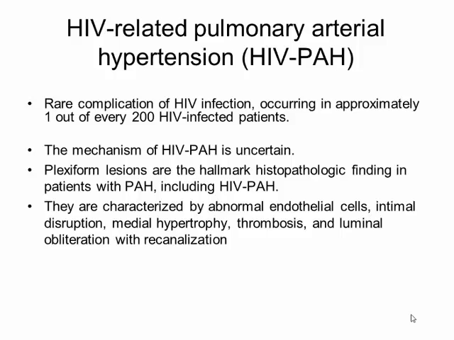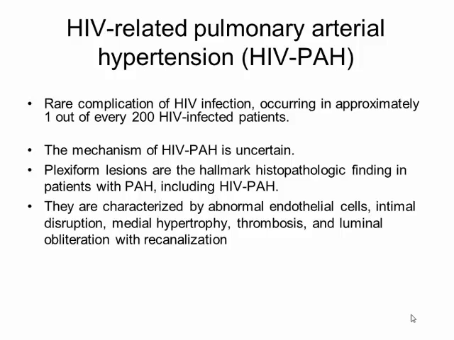Now I'm not going to spend a lot of time here, but HIV-related pulmonary arterial hypertension is rare, 1 over 200. Might get elevation in pulmonary hypertension. The mechanism, how does HIV make pulmonary artery hypertension, is uncertain.